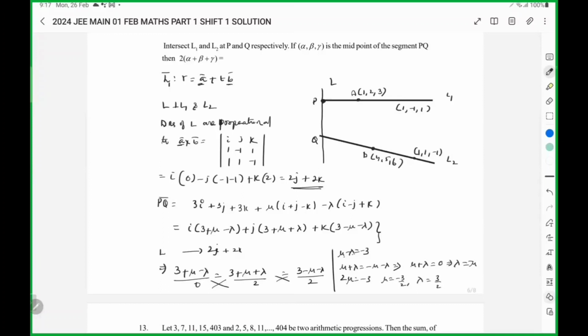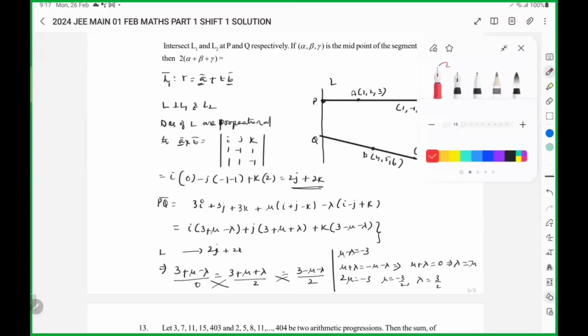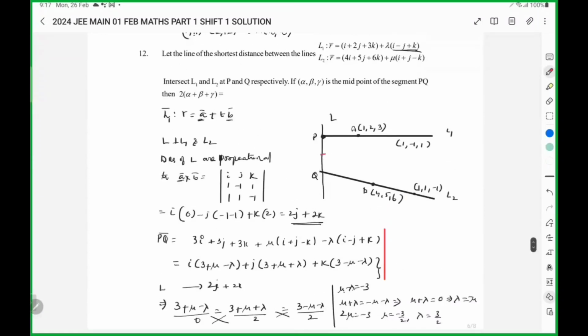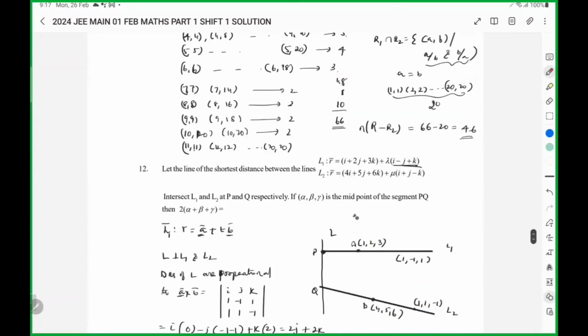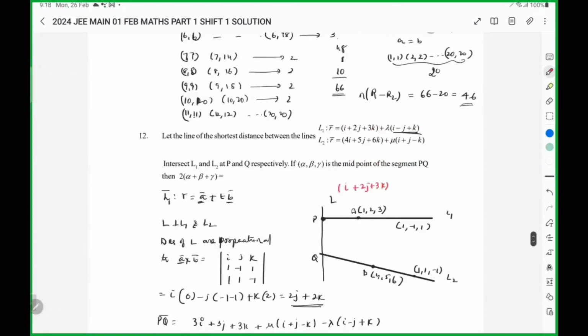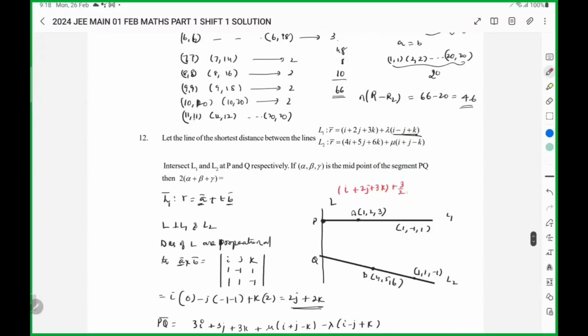Now, what we have to find out is the midpoint of PQ. P will be, in place of lambda, you substitute 3 by 2: i plus 2j plus k plus lambda, here is how much, 3 by 2 into (i minus j plus k).